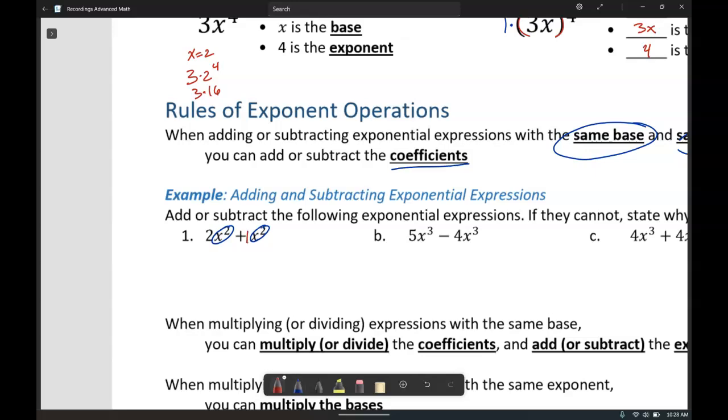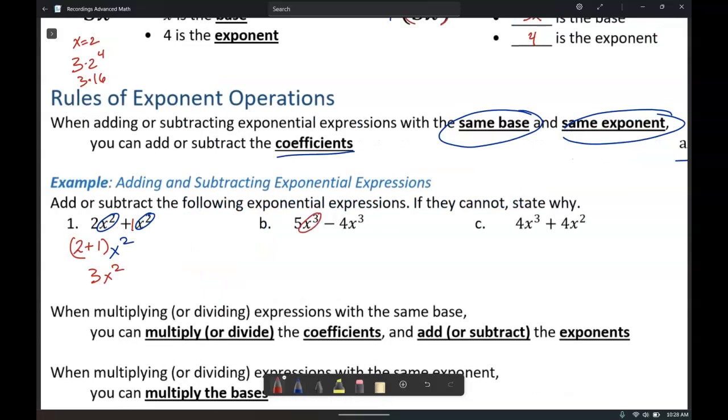Our coefficients are 2 and 1, so we just add 2 and 1, and we keep the base and exponent the same. So we get 3x squared. Again, we check the base and the exponent are the same, so we're going to have x to the 3rd, but we can now subtract our coefficients, 5 minus 4, leaving us with 1x to the 3rd.